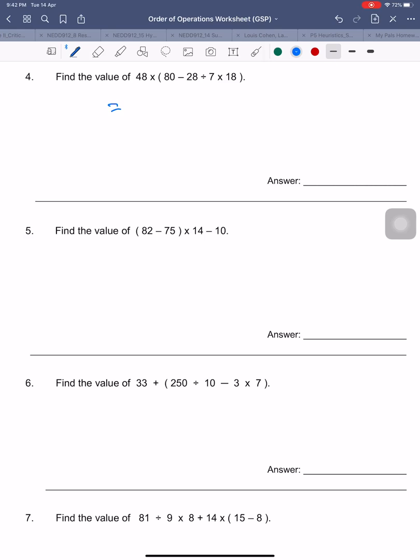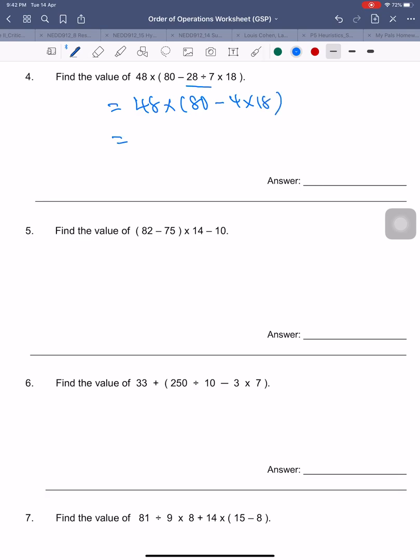Question number 4. Now you have minus, division and multiplication within the bracket. So again, just apply rule number 2: you will do left to right, which is you work on 28 divided by 7. So 80 minus 28 divided by 7 is 4.